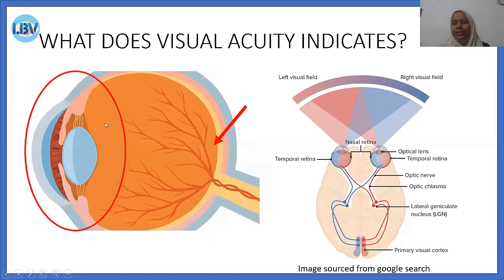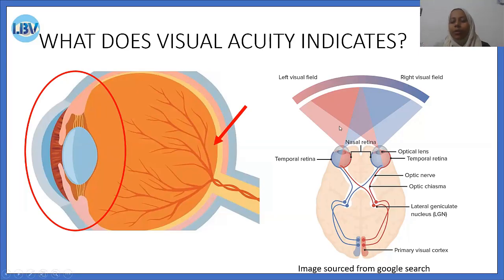How is the vitreous humor? These are the refractive components of the eye. It also tells you how well the retina is, whether it is healthy or unhealthy. Is the fovea damaged? What is the condition of the retina? So visual acuity is not just the value, but it also tells you what is behind it.